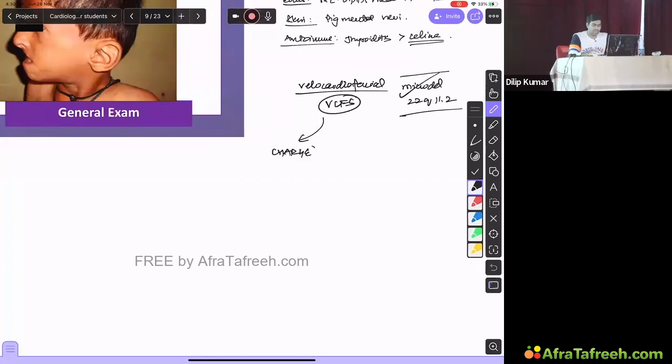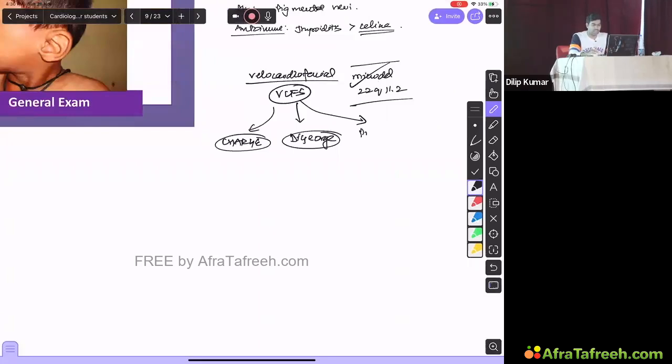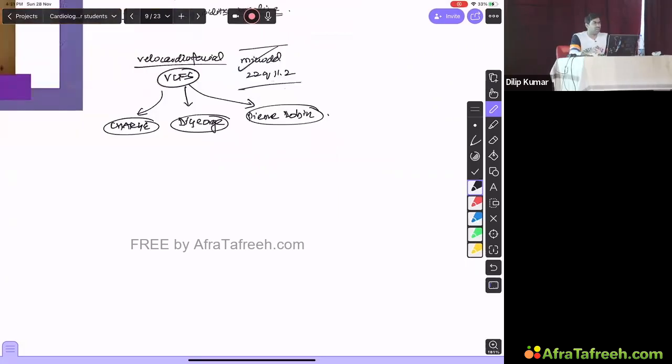And second one is DiGeorge syndrome. And probably the third one is Pierre Robin sequence, or Pierre Robin syndrome. Pierre Robin is not related to cardiovascular problems. First of all, you need to know there is absolutely nothing to do with cardiovascular problems.